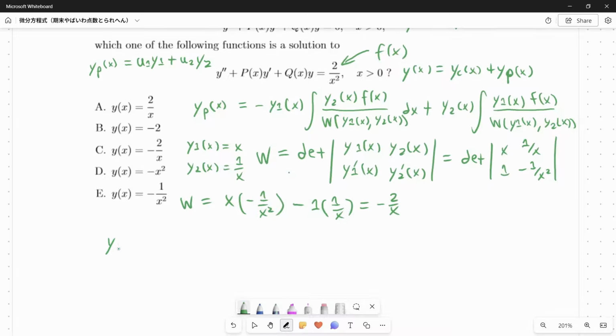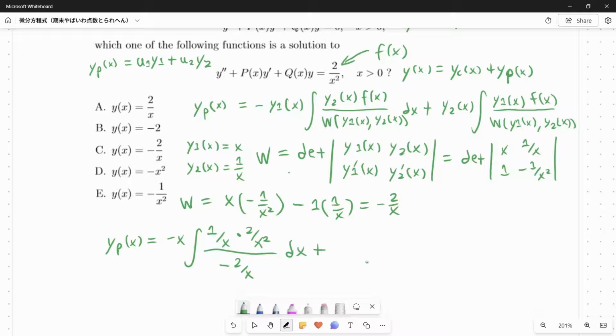So we can say that y sub p of x is going to be equal to negative x times the integral of 1 over x times f of x, which is 2 over x squared, over negative 2 over x.